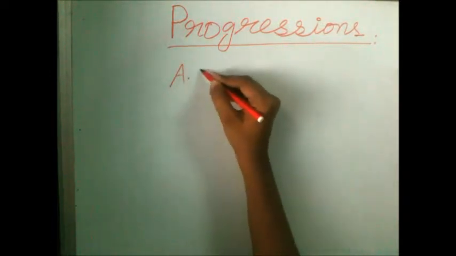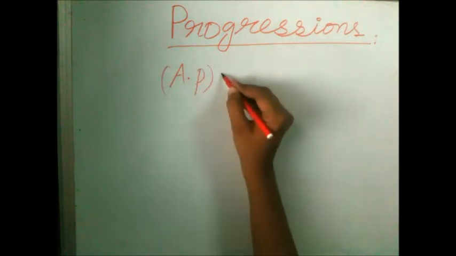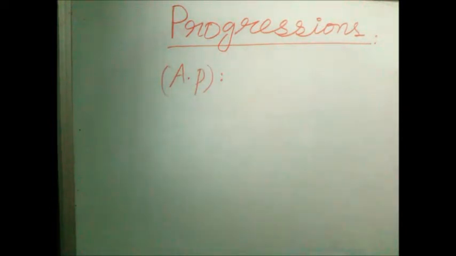We can name it as AP, arithmetic progression. If each term of the progression differs from its preceding term by a constant, then such a progression is called arithmetical progression. This constant difference is called the common difference of AP.